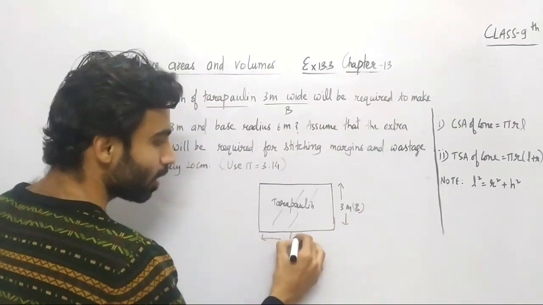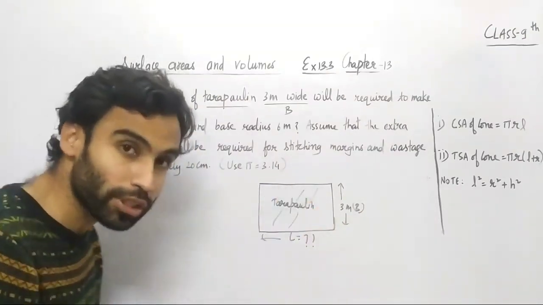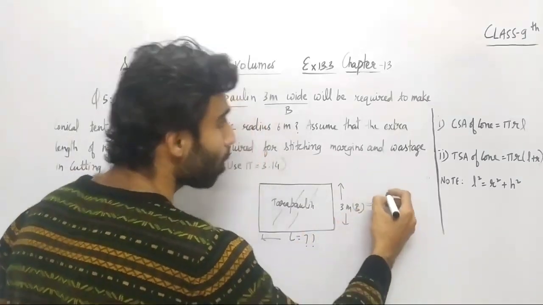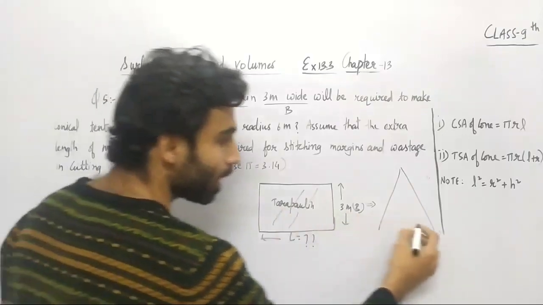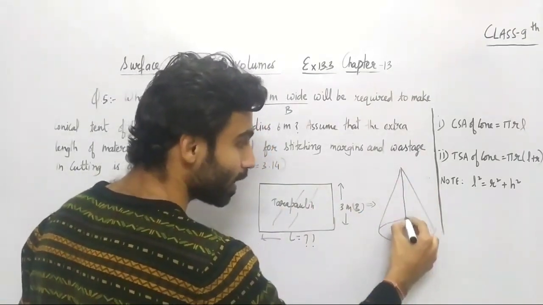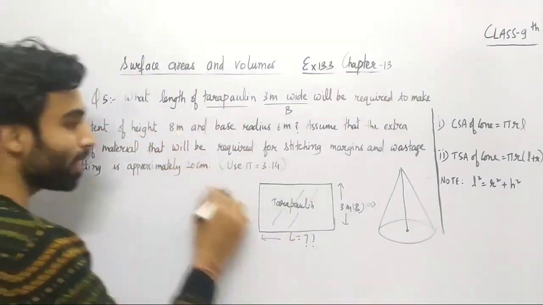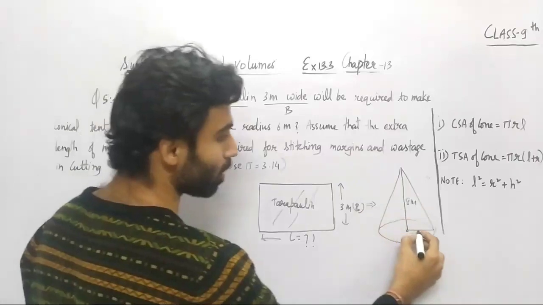Now the length is required. So कितने length का ये tarpaulin cloth होना चाहिए ताकि हमारे पास एक conical you can see tent बन सके इसी से, so that its height is you can see 8 meters and the base radius is 6 meters, right?